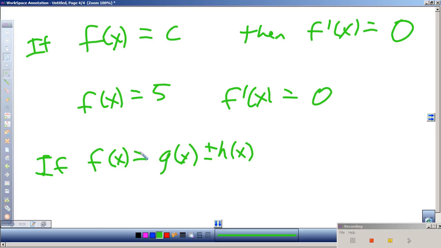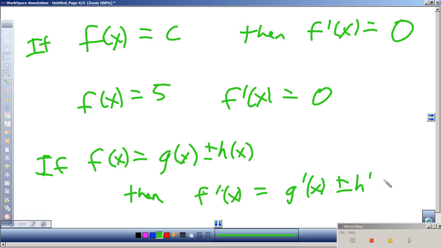If we've got several functions added or subtracted together, then f prime of x is equal to g prime of x plus or minus h prime of x. What this means is if you have a bunch of things added together, you take the derivative of each thing individually.